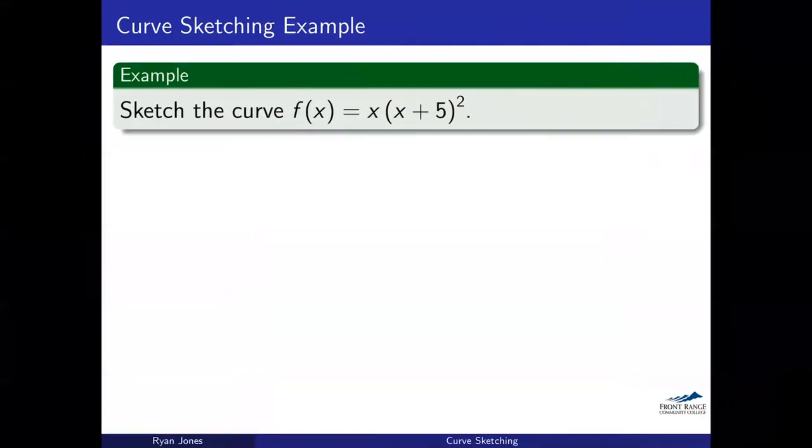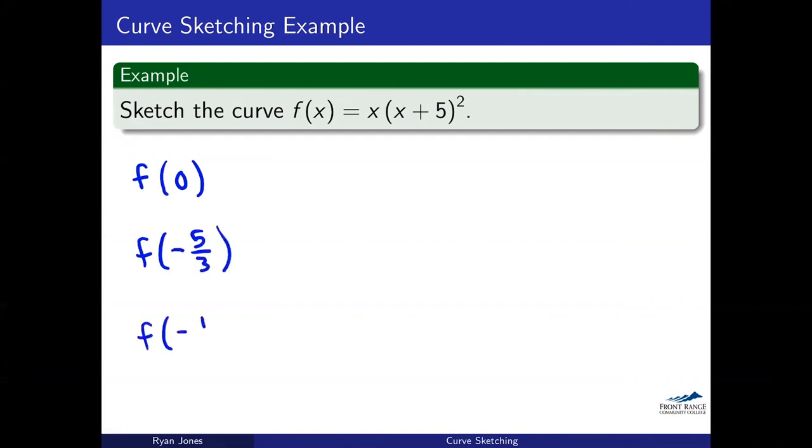And so what we're going to do is we're going to just take all those points. So that was 0. We had that -5/3. We had -10/3, and we had -5. And I'm going to evaluate the function f at each of those points.